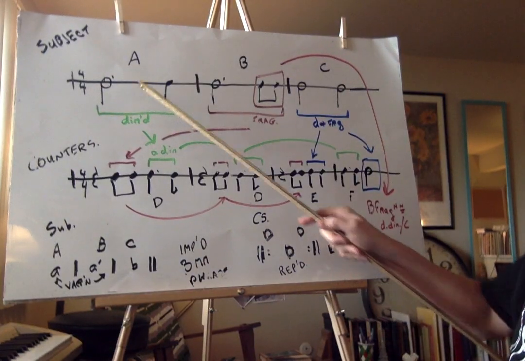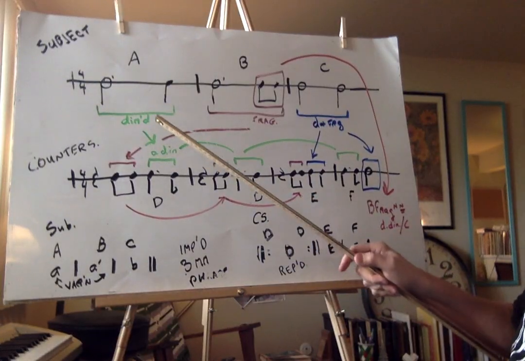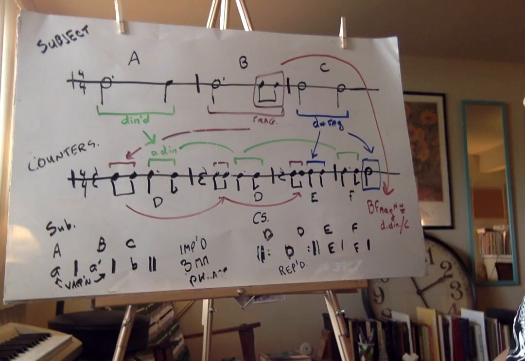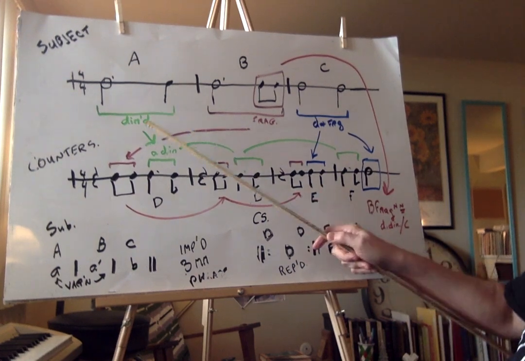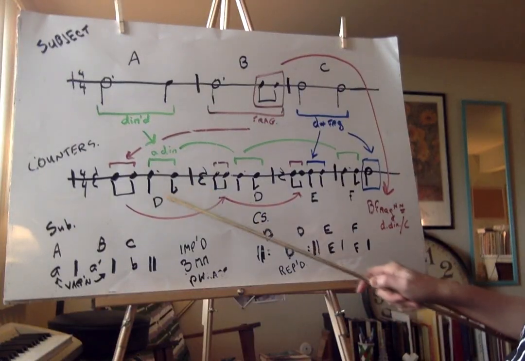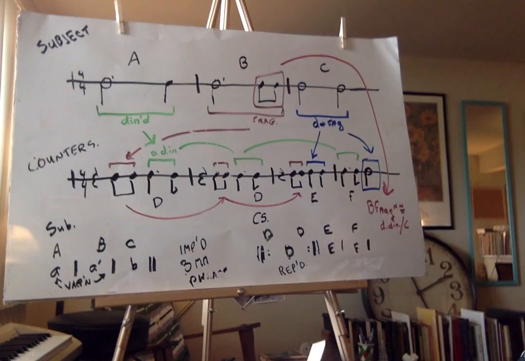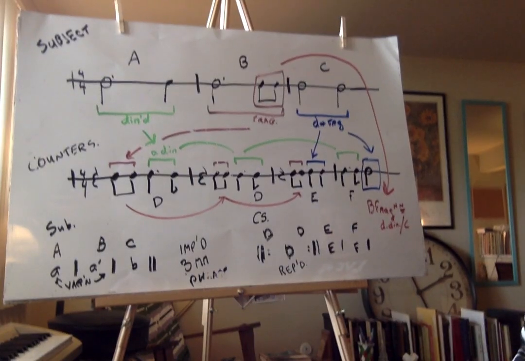For example, this A, when it's diminished, this dotted half note followed by a quarter note, turns into a dotted quarter note and an eighth note. And so this diminished form of A appears in measures 1, 2, and 3 of the countersubject.